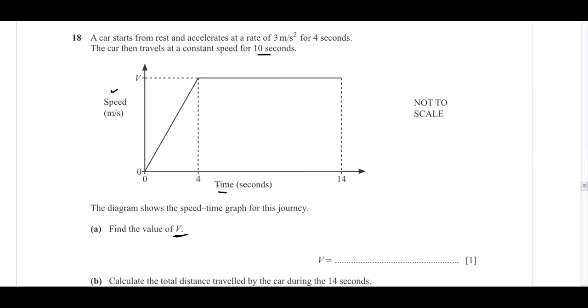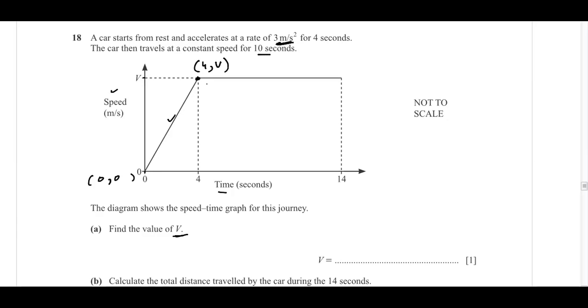Now, you know, in a speed time graph, the gradient of the line gives us the acceleration, and the acceleration is given. I can say this point is (0, 0). And this other point has x coordinate 4 and y coordinate v.